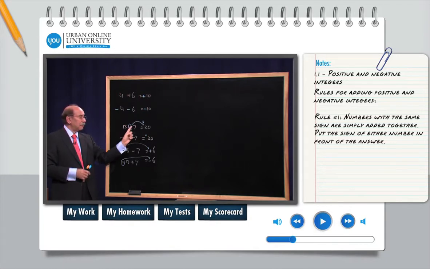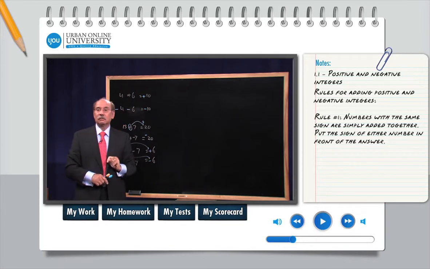So 13 plus 7 is 20. Positive sign goes here. Part of the same rule is when you are adding two numbers, again, two negative signs, add the two numbers, put the sign of either of the two numbers, which is negative. That is rule number 1.